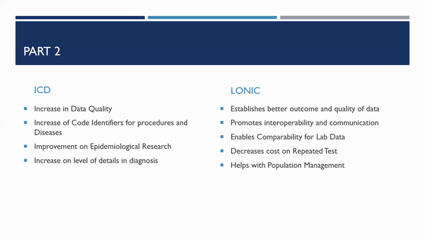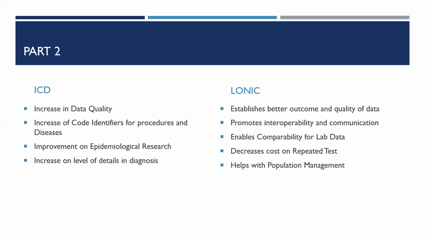If you know the codes for COVID, it's been helping with the research and with how to track that data amongst different hospitals. And then also you have the increase of level of detail of electronic information being transferred for diagnosis.